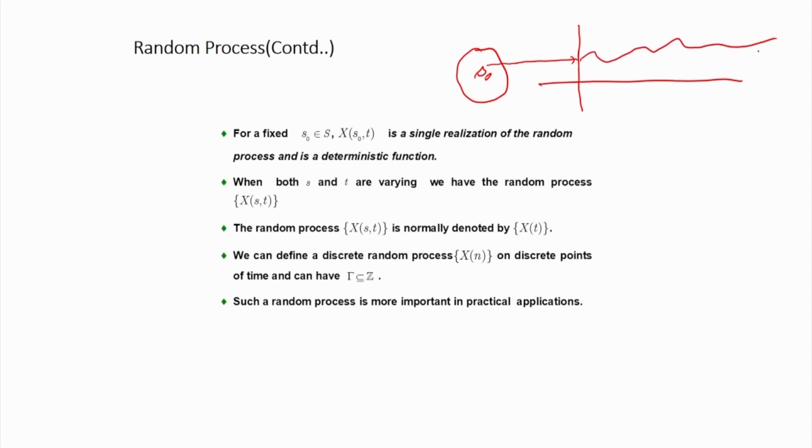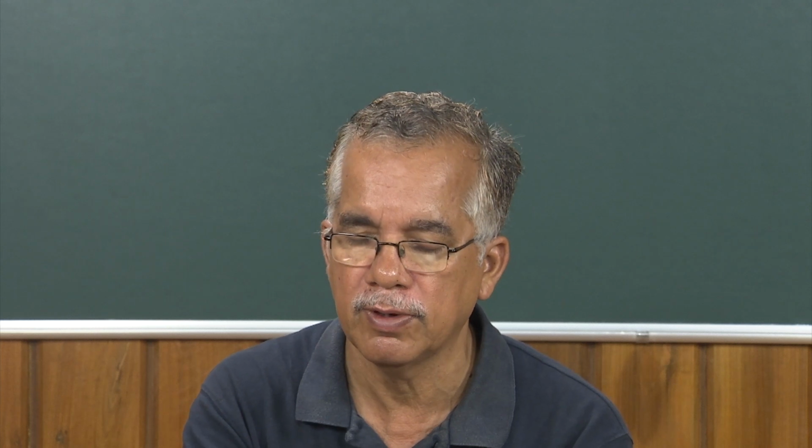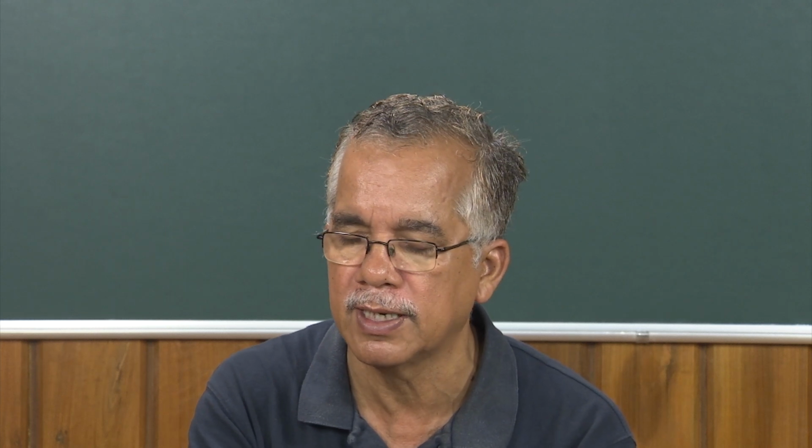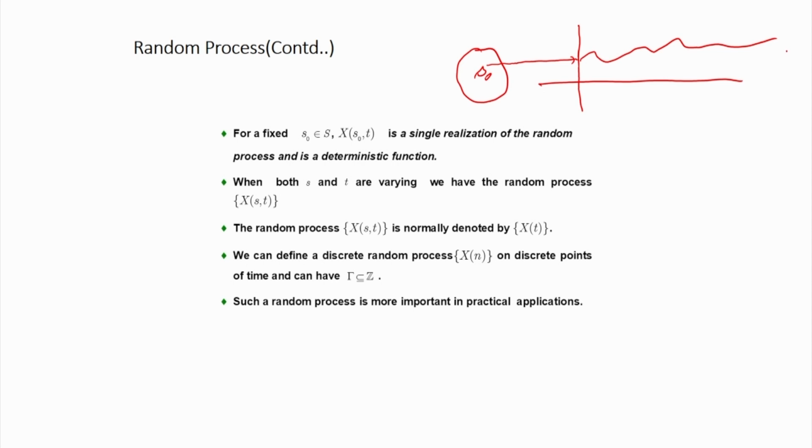This is a single realization of the random process, which is usually the observed data. So, we observe one single realization of the random process. When both s and t are varying, we have the random process. Otherwise, at a fixed point s0 and t0, we will get a single value.